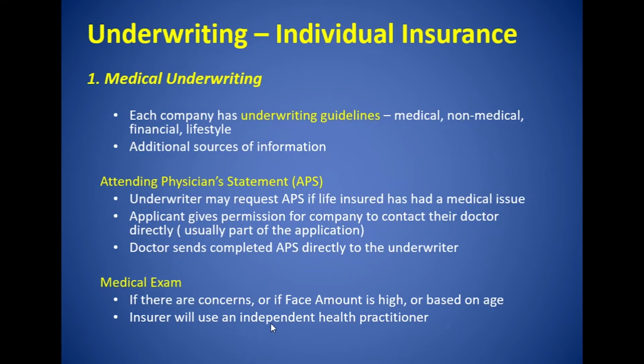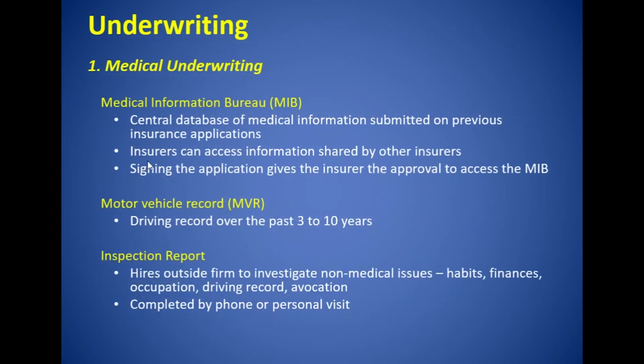Usually it is an independent health practitioner that the insurance company will identify, saying you need to go and get this medical exam from our independent health practitioner. So the difference here is if they want a full medical exam, they won't go to your attending physician. They're going to go to an independent provider.